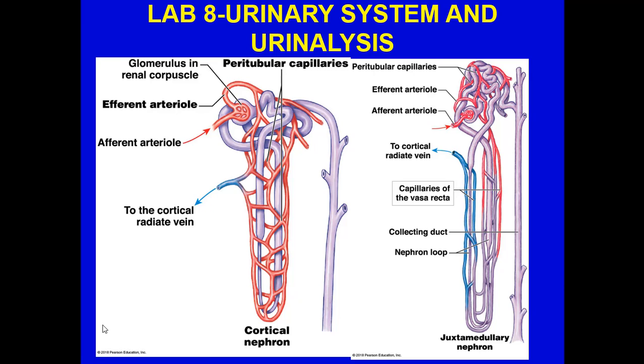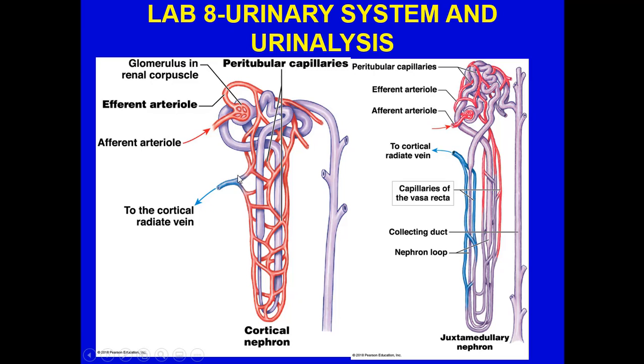A couple of other points to keep in mind. Remember that I said that the cortical nephron and the juxtamedullary are a little bit different in the sense of what you see here, and that's the length. Once you have blood leave from the glomerulus, you have it going from the efferent arteriole, and then it starts forming these peritubular capillaries, which kind of wrap around the nephron loop of Henle.